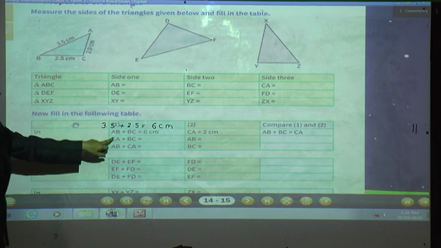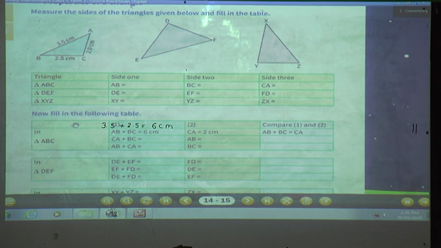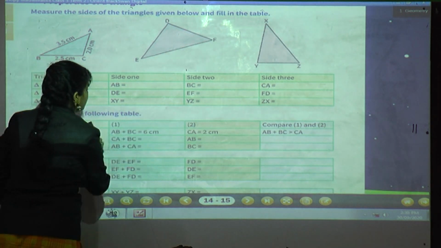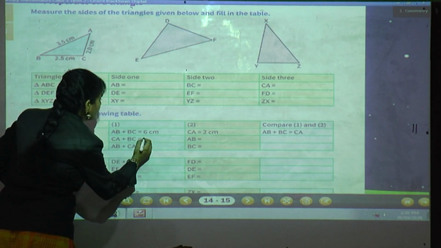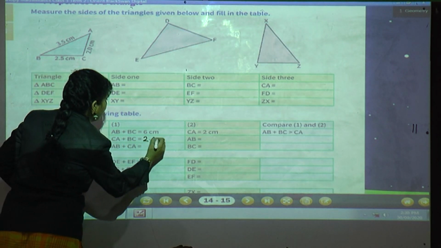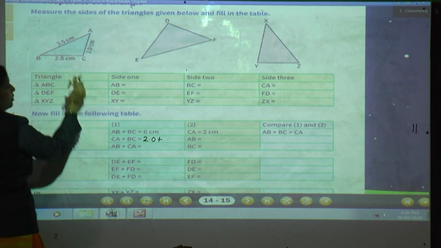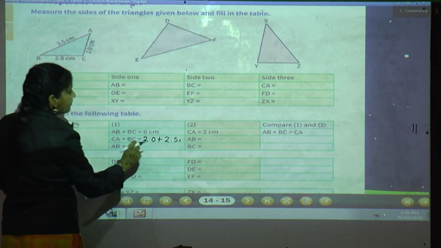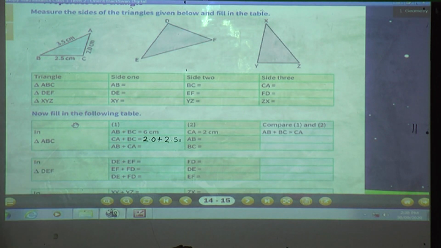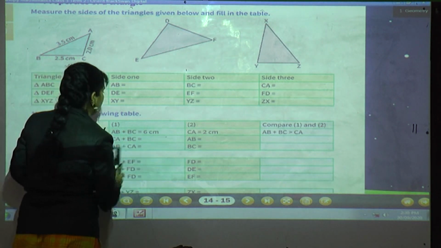Now, CA plus BC. See students, side CA is 2 centimeter and BC is 2.5 centimeter. So the answer is 4.5 centimeter.